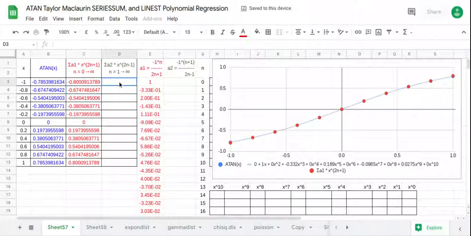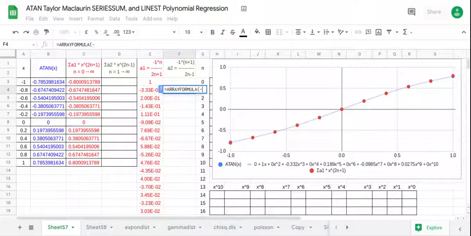And next is the second expansion, where it begins from 1 to infinity. So the coefficient will be array formula, -1 raised to the power quantity n plus 1. So that's n plus 1. So this should be G4.